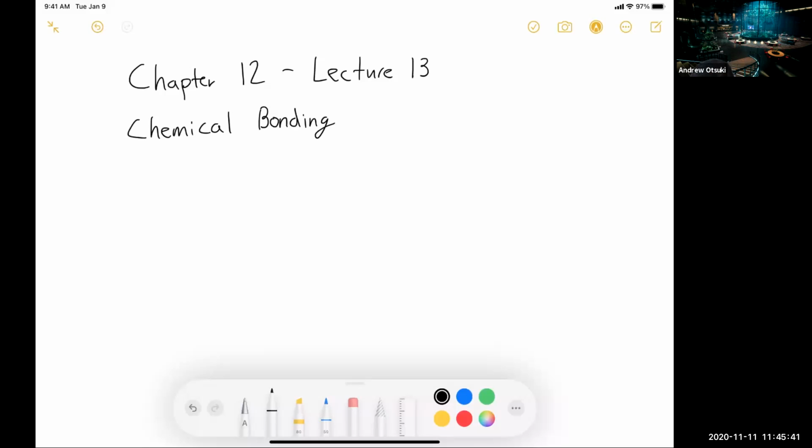The first thing we're going to talk about is cations. You can think of them as positively charged ions.